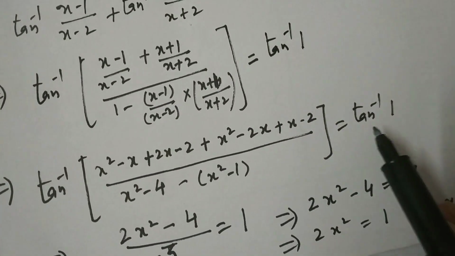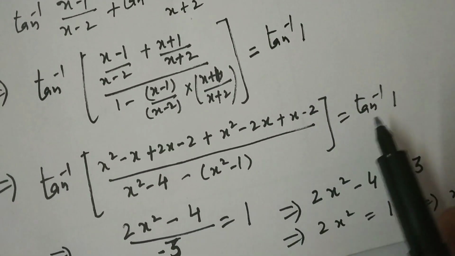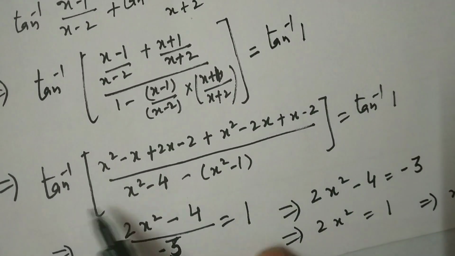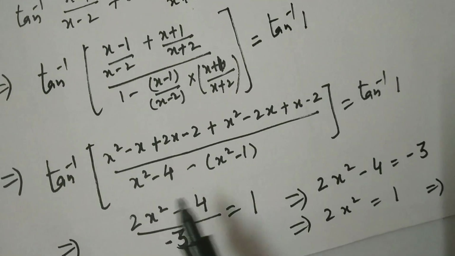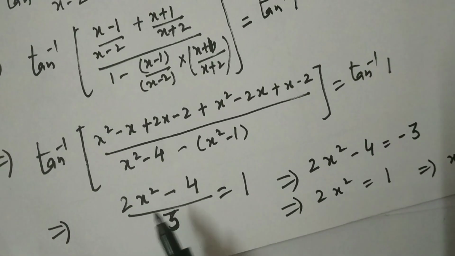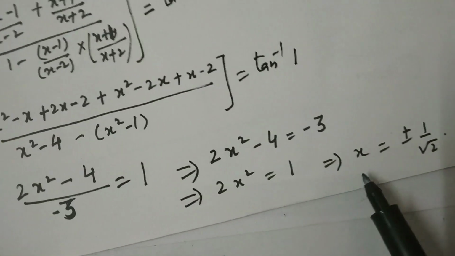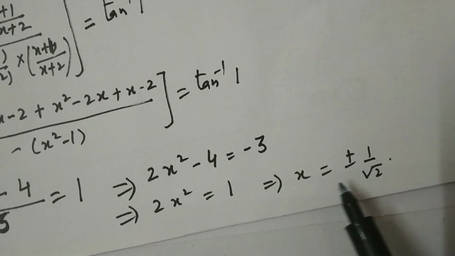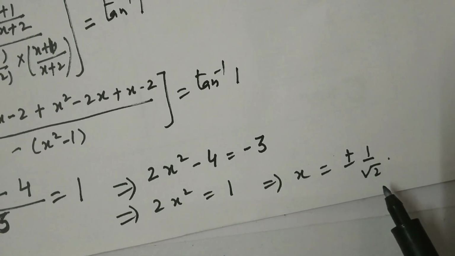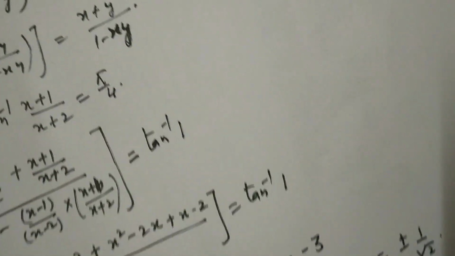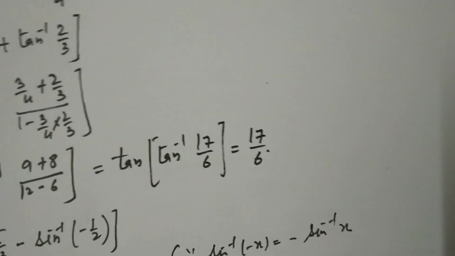After solving this, since both sides have tan inverse, we can take it out, and the remaining part is 2x square minus 4 upon minus 3 equals 1, and on solving it I get x equal to plus minus 1 upon square root 2. Hence we have found the value of x.